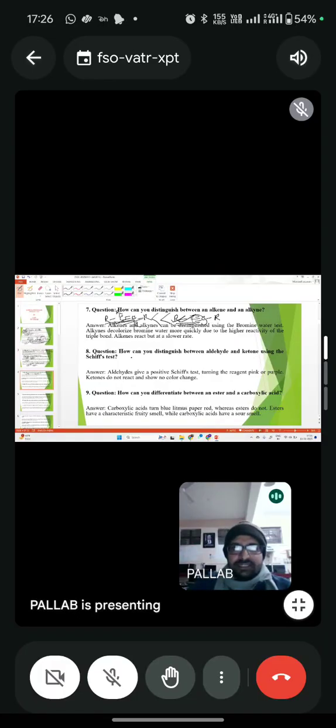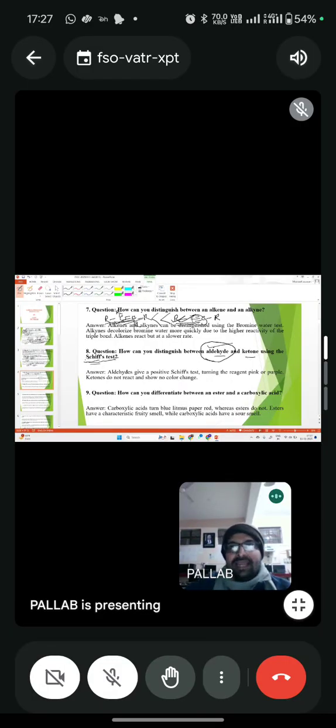Okay, let's move to the next question. How can you distinguish between aldehyde and ketone? We already have ways to distinguish aldehyde and ketone, but here we will distinguish them with respect to the SIP test. The SIP test basically gives a positive result with aldehyde, because aldehyde is more reactive as compared to ketone.